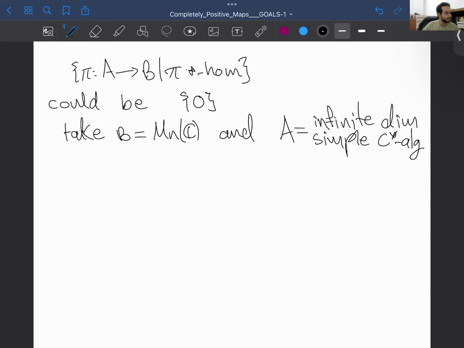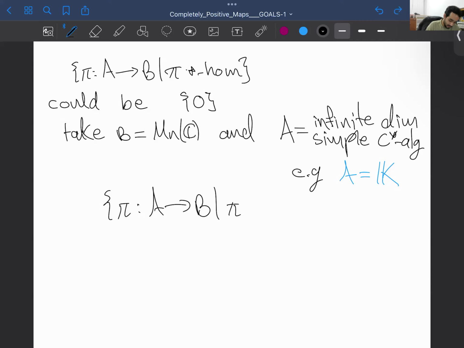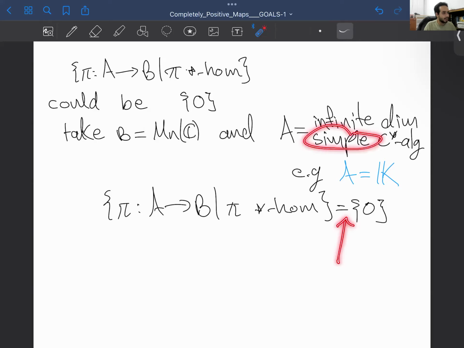What that means is that the C*-algebra has no closed ideals. For example, you can consider A the compact operators. In this case, the star homomorphisms from A to B are just the trivial one. This is an easy fact to check since we have a simple C*-algebra. All the nonzero star homomorphisms are necessarily injective, but B is a finite dimensional vector space. And this is a problem.